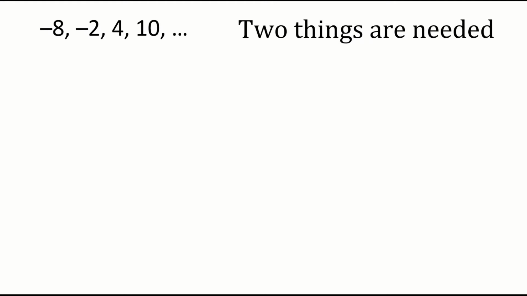So to define a sequence recursively, we need two things. Two things are needed. If we consider our initial sequence again, the two things that we need are, first of all, the recursive rule.